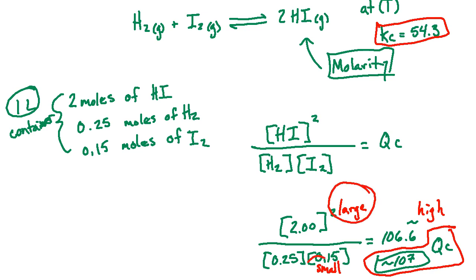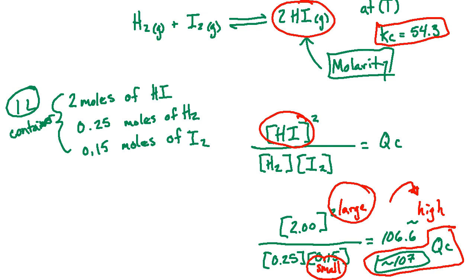So a large value divided by a small value is going to give a high or a large value in return. So what am I really saying in relationship to the equation here? If I'm saying that the large value is on top here, what's on top is the hydroiodic acid in its gas form.